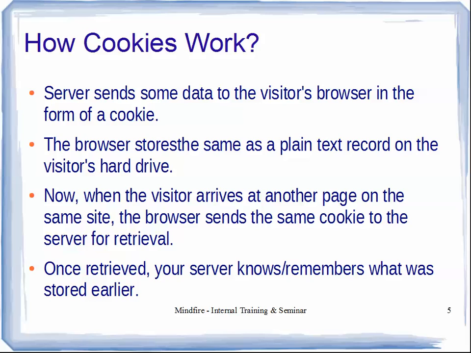Whatever cookies are there, they are stored at the client end, but the server can read them. That means from the client end we need to send the cookie information as well. Whenever we request some server pages, we need to send those cookies so that the server can read them. So this is how cookies work.